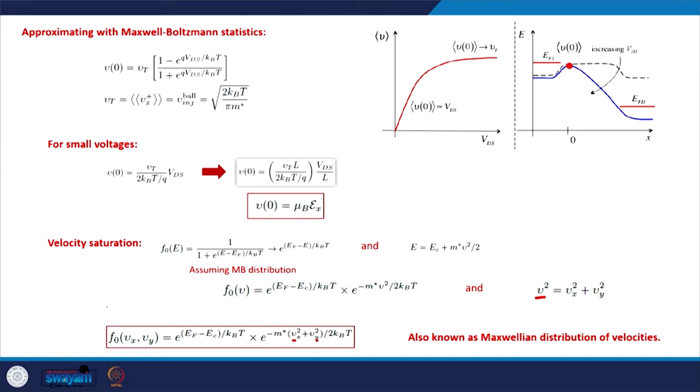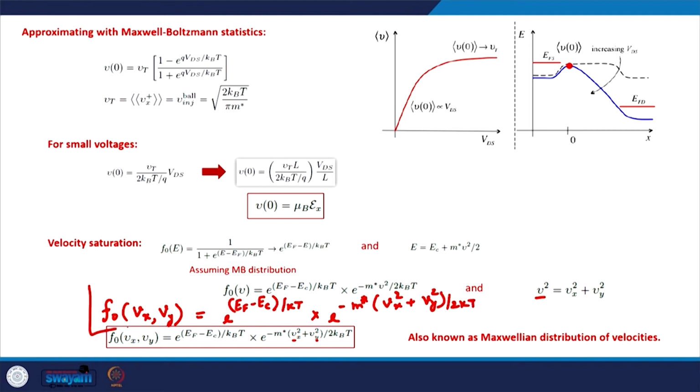So this velocity distribution function can be written as f naught of vx, vy equals exponential of (EF minus EC) by kT times exponential of minus m star (vx square plus vy square) by 2 kT.